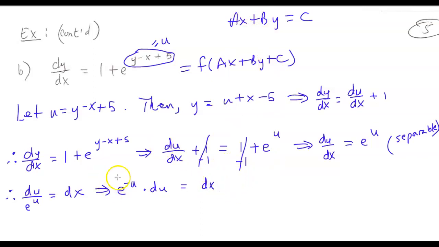Okay, and so now from here, I can integrate both sides. And of course, e raised to the minus u du, if I take the antiderivative of that, would be minus e raised to the minus u. And on the right side, we know that the integral of 1 dx is just going to be x.